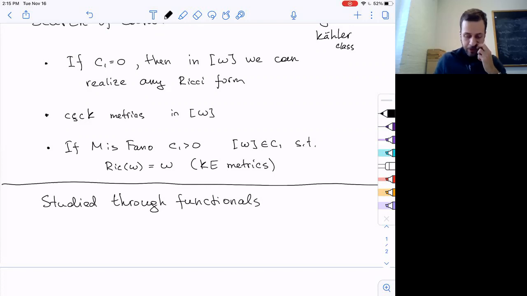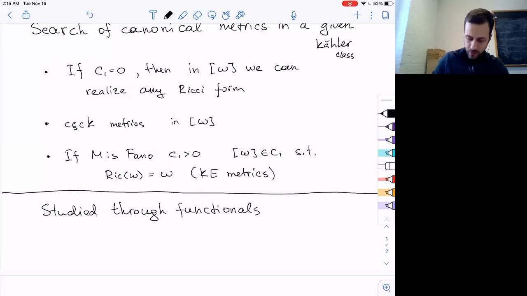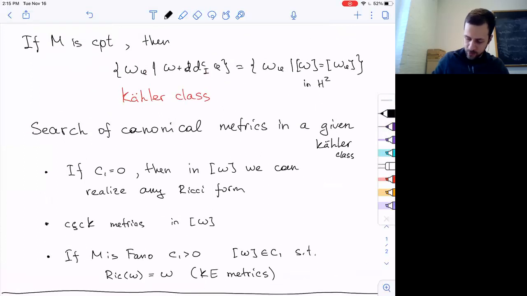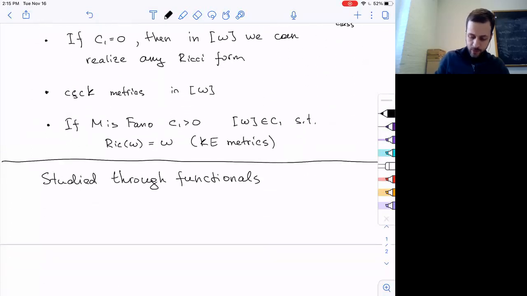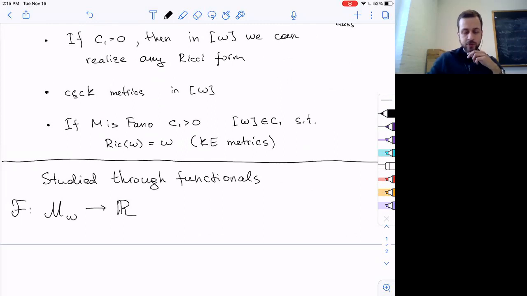So we can take a Kähler class, which I'll call script M sub omega. We can often define functionals on this Kähler class, and there is a whole zoo of such functionals.